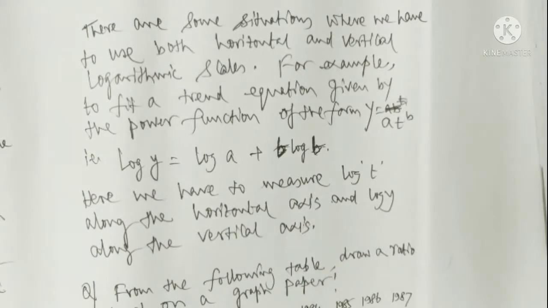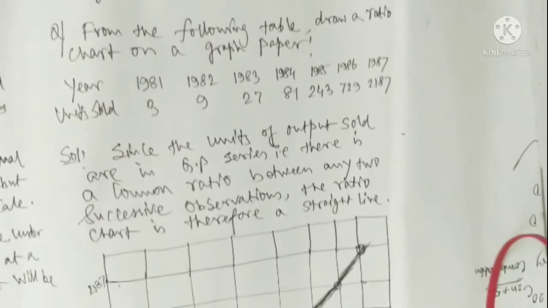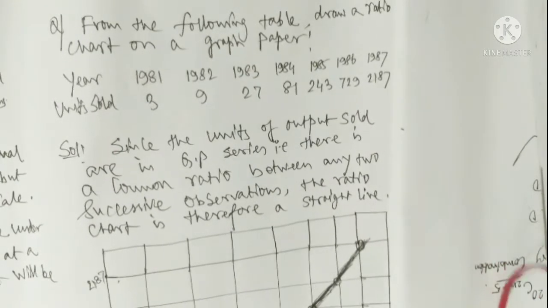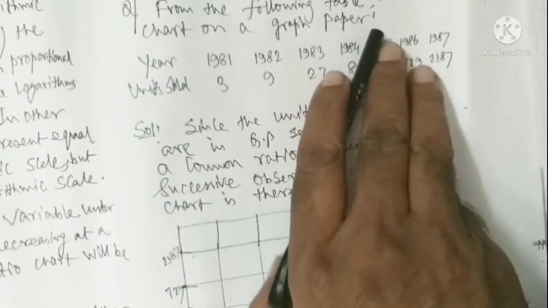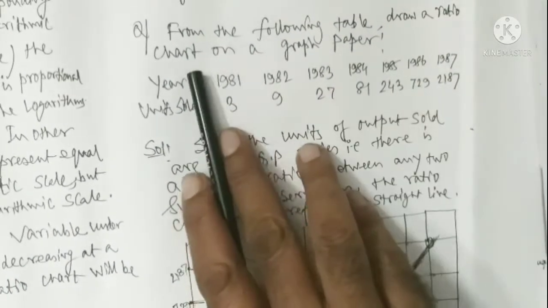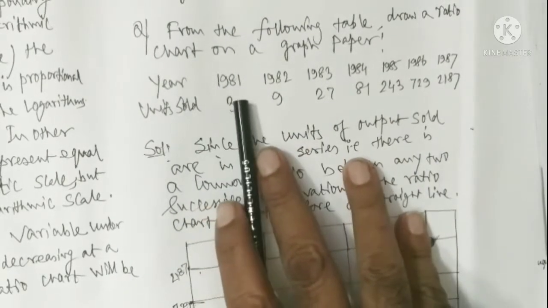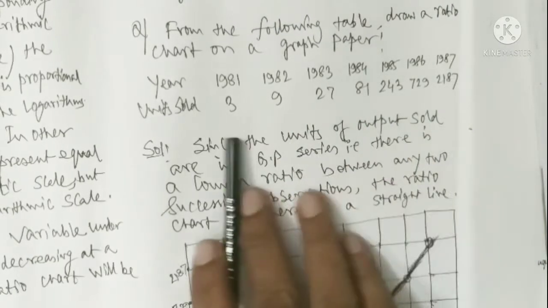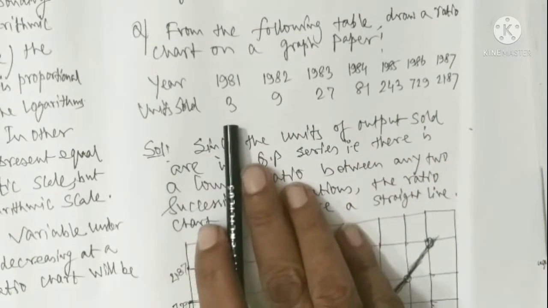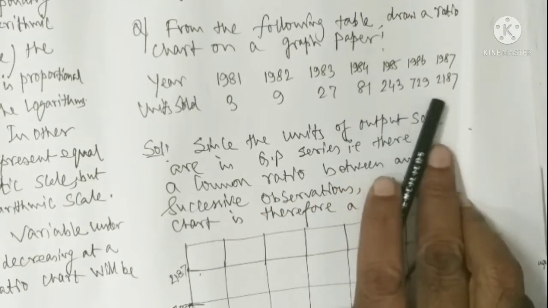Now we discuss a problem with respect to this knowledge. This is a problem from the following table. Draw a ratio chart on a graph paper. The years given are 1981, 82, 83 and so on up to 87. And the units sold are also given: 3, 9, 27, 81, 243, 729, 2187.